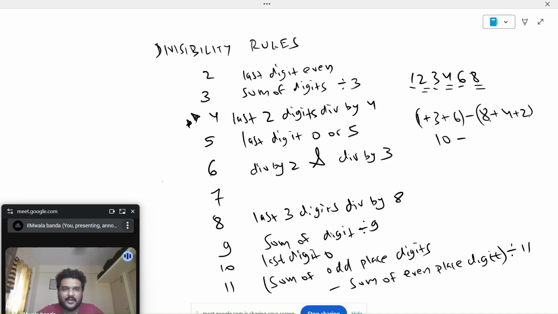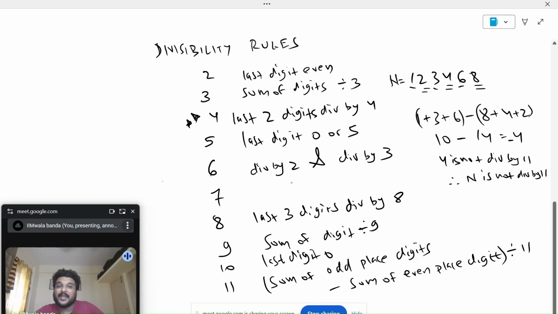So this is 10, and 14, which is 4 or -4. Since 4 is not divisible by 11, therefore the number is also not divisible by 11. All right. Now make it divisible. How? We need to get rid of this 4.